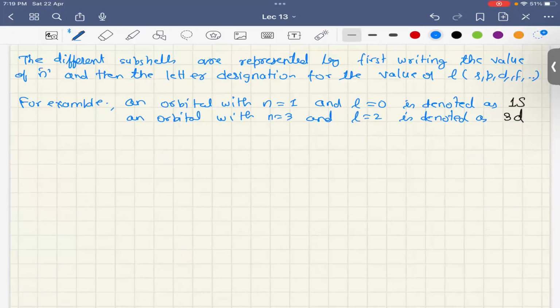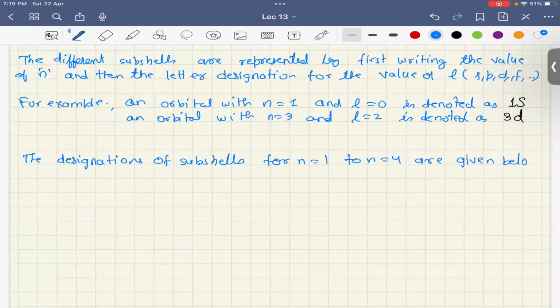Now the designation of subshells for n equal to 1 to n equal to 4 is given below.